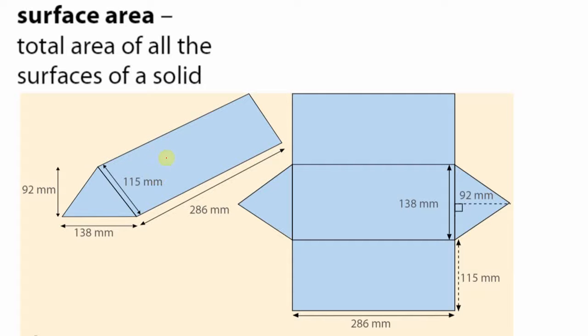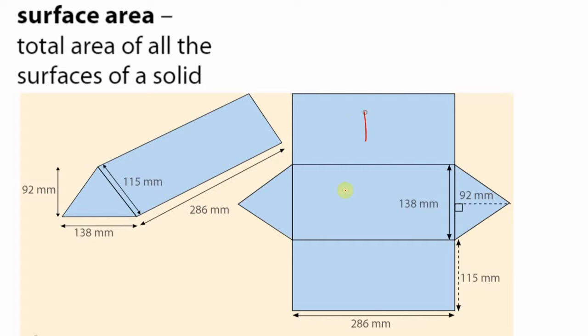So now we can see the relationship, in fact, between nets and solids. The reason why we would want a net is it makes it easier to determine the surface area of the solid, because now we can see all the faces and we can insert all the dimensions.